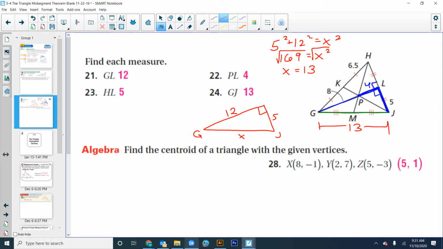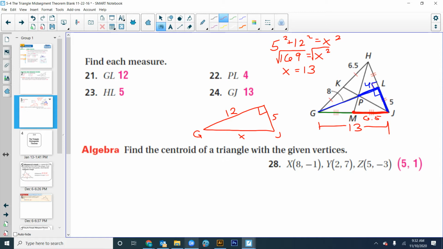Wow. What's MJ? Who's M? No. What's MJ? Good, because of the midpoint. M's a midpoint. That's 6.5. You understand that? Okay. So just be able to work your way around those pictures.